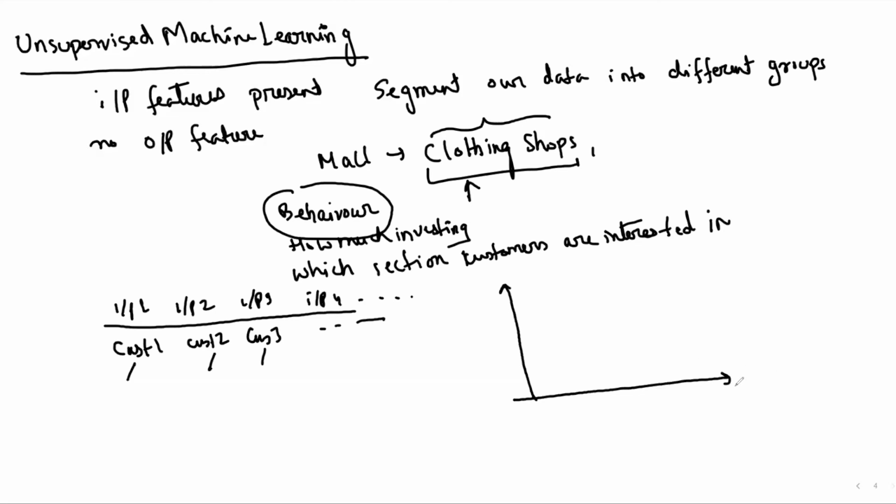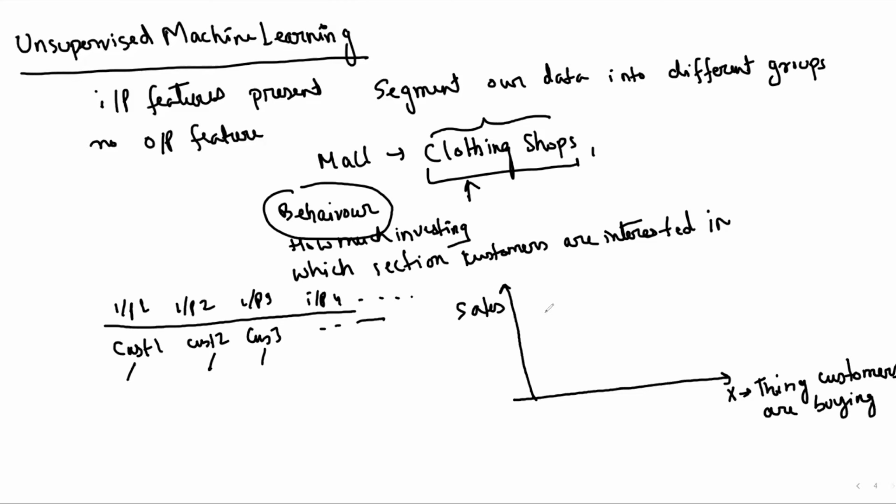Let's say this is X, the things customers are buying, and this is the sales, let's say, on the y-axis.